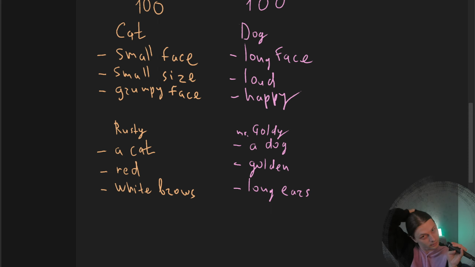We know Rusty for a longer time, so it's just Rusty. But Mr. Goldie, we met him just a few days ago. So now we have for each animal a list of their own differences, their own properties, and the property that shows whether that's a cat or a dog.